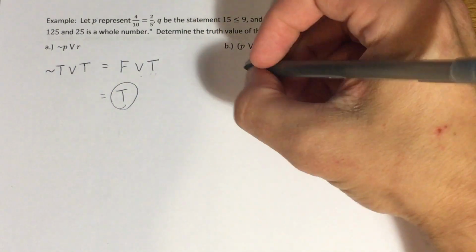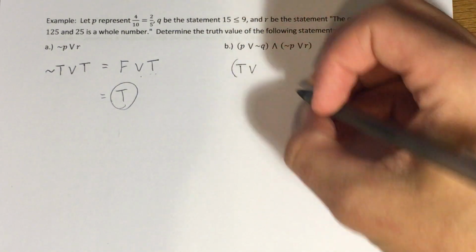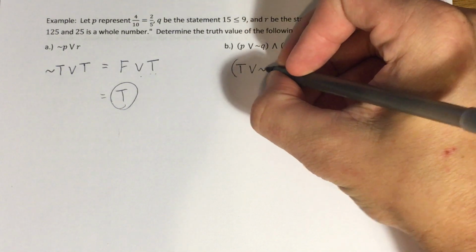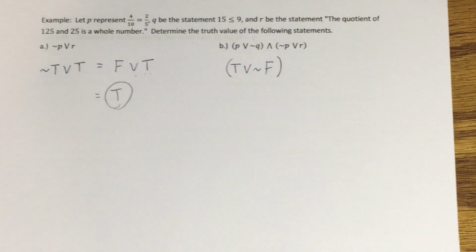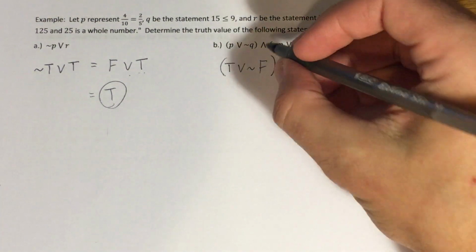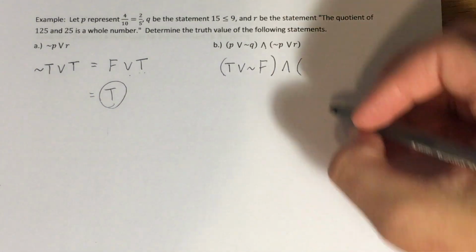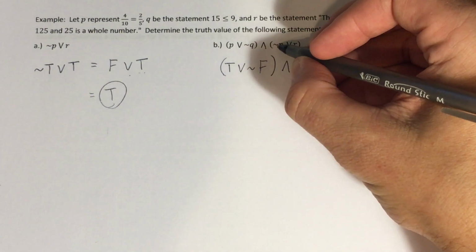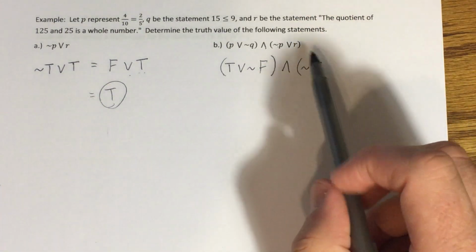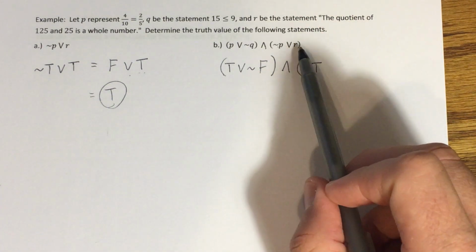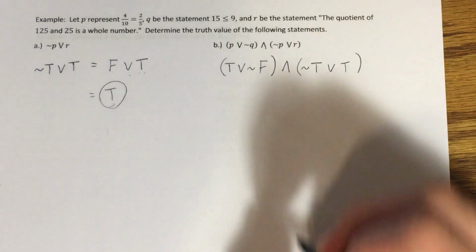So P, we said that would be true, or not Q. Q, we said, was a false statement. So that's what that first set of parentheses looks like when making those substitutions. And, okay, P was true, so now we're going to say not true, or R, which we said was true.